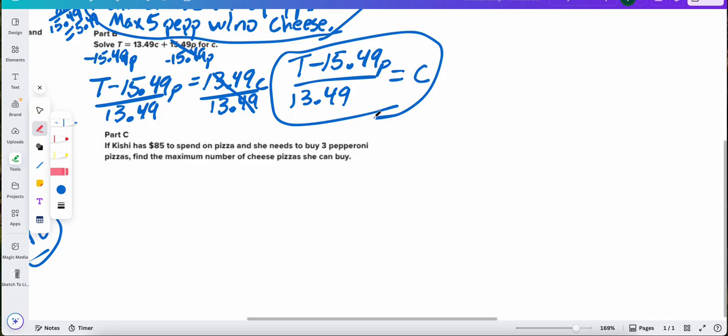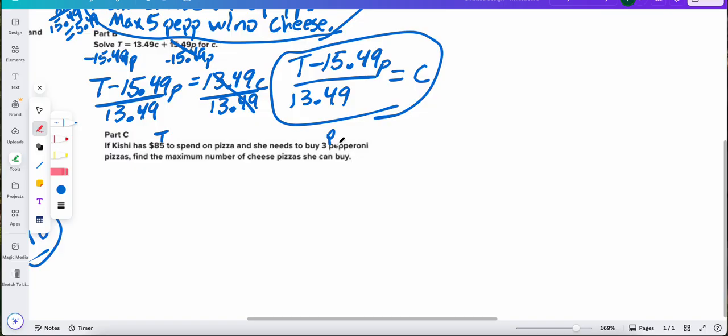So then part C says if she has 85 to spend, so the total we have is 85, and she needs to buy 3 pepperoni pizzas, so our P is 3. They want us to find the maximum of cheese she could buy. Okay, so we know no matter what, it has to be between 0 and 6, because our min was 0, our maximum was 6.